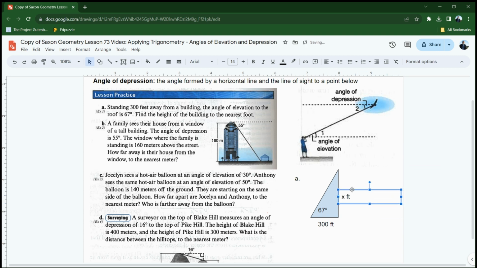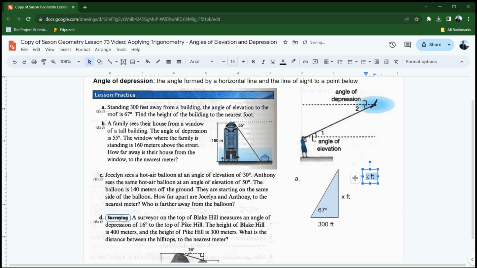Okay, so the way that I'm going to work this one is with a trigonometric ratio that relates the adjacent side, which is the side that touches the known angle, but not the hypotenuse, to the opposite side. Do I have a trigonometric ratio that relates opposite and adjacent?